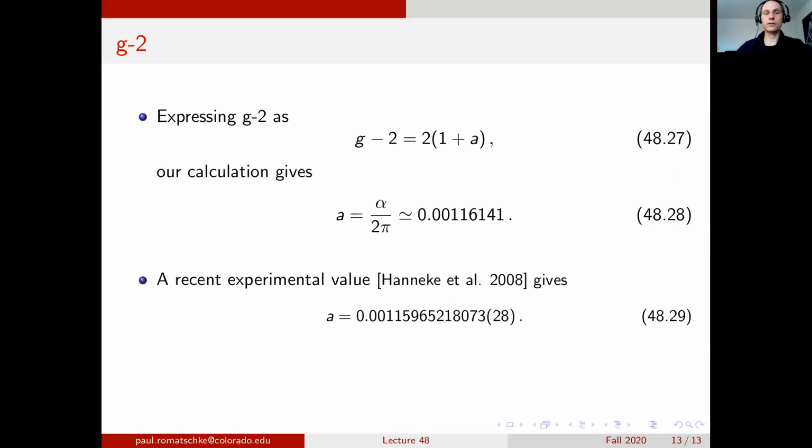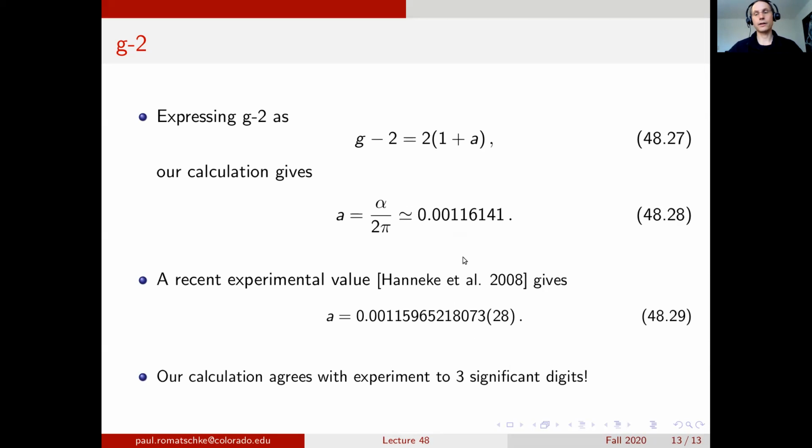And we can compare this to experimental values for the same value of a. A recent one is, for instance, 0.0011596521 and so on and so forth, where the measurement is accurate up to the last 2 digits here. And then comparing these two expressions, we find that our leading order perturbative calculation for the form factor, or g minus 2, agrees with the experimental result to essentially 3 significant digits.